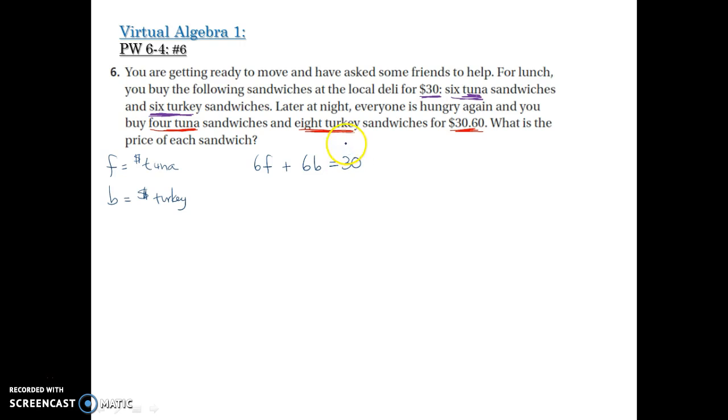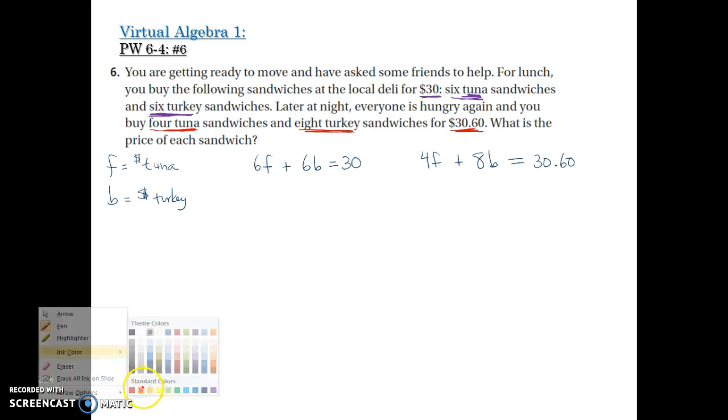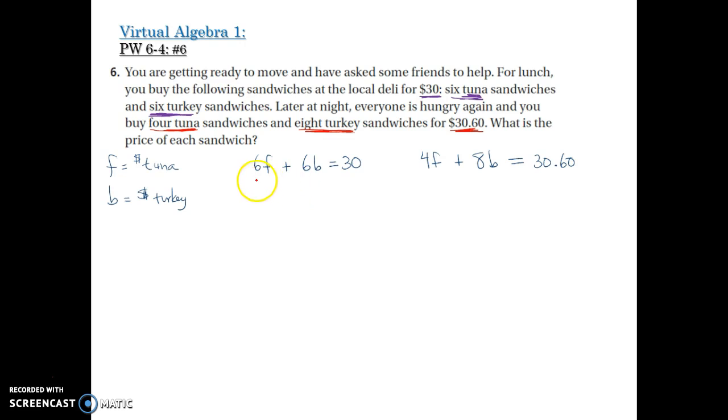And then at dinner, you got 4 fishy sandwiches plus 8 birdie sandwiches, and that price was $30.60.